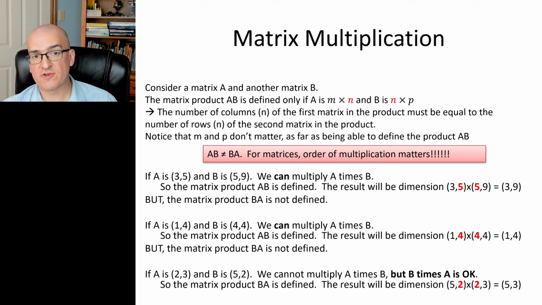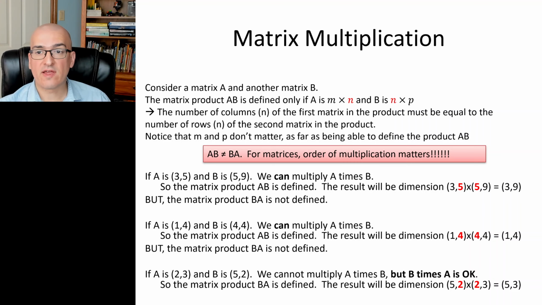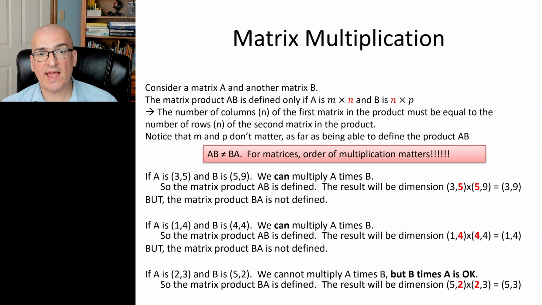Without showing the definition, you just have to trust me that if you take, let's say, a matrix that's m by n and another matrix that's n by p, you are allowed to multiply them in that order as long as the number of columns of the first matrix is equal to the number of rows in the second matrix.